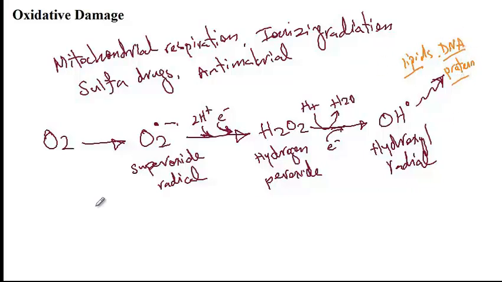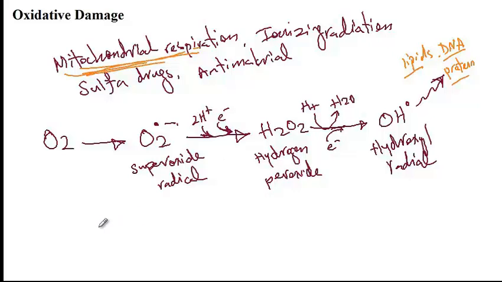Now how can we fight oxidative damage that is induced by all these mechanisms? Because mitochondrial respiration is part of the requirement for aerobic respiration and energy production in mammals and all other aerobic organisms, we have different enzymes that help break down these molecules.